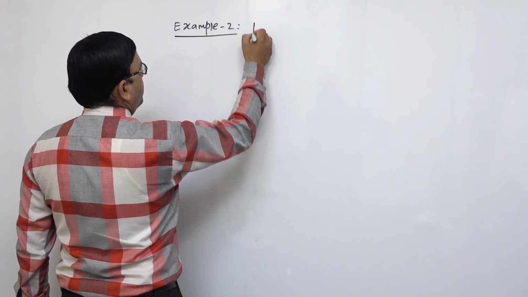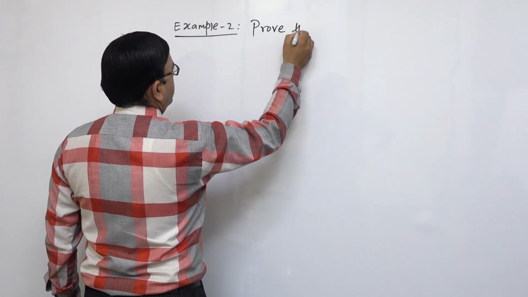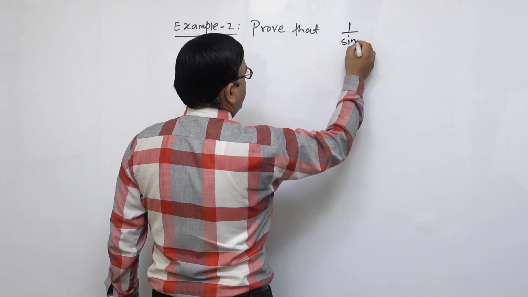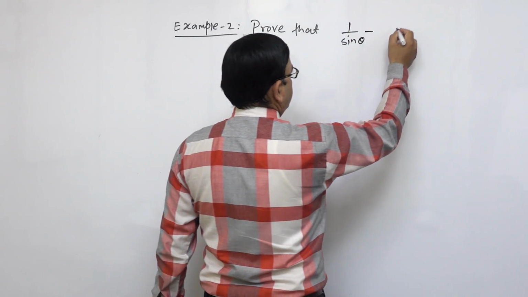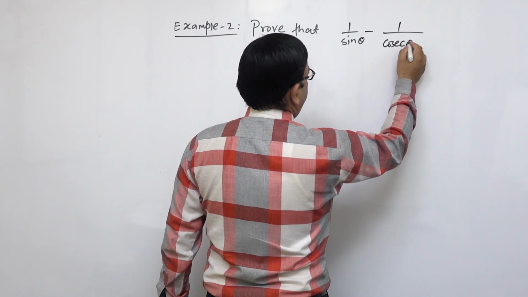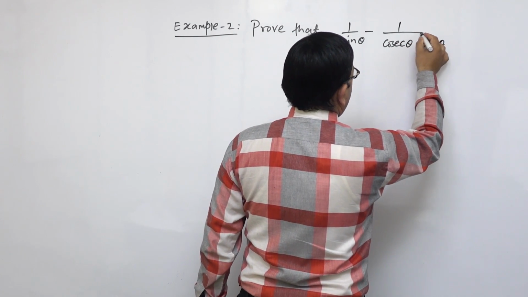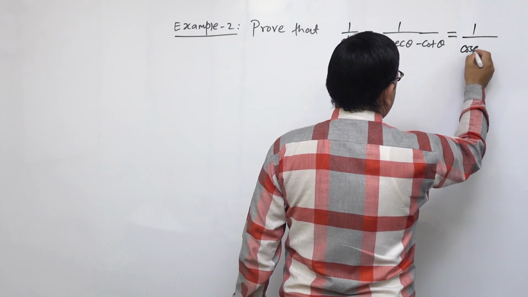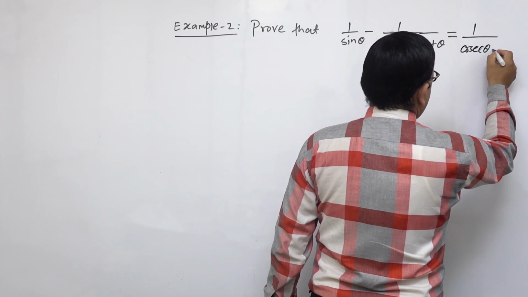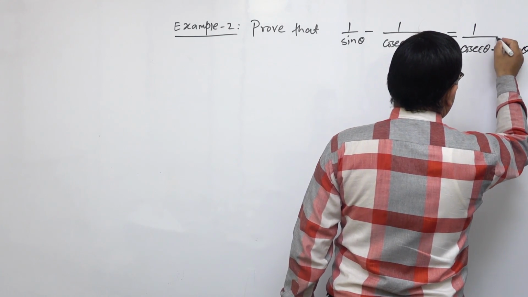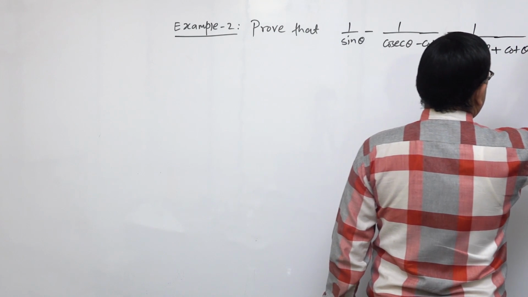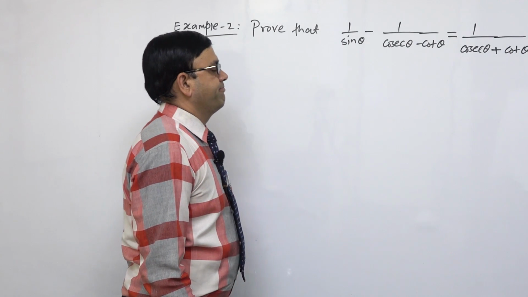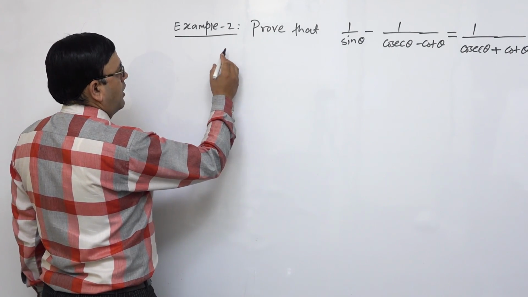In this example, prove that 1 by sin theta minus 1 by cosec theta minus cot theta is equals to 1 by cosec theta plus cot theta minus 1 by sin theta. Now, how can we solve this question? Okay, let's look at the solution.